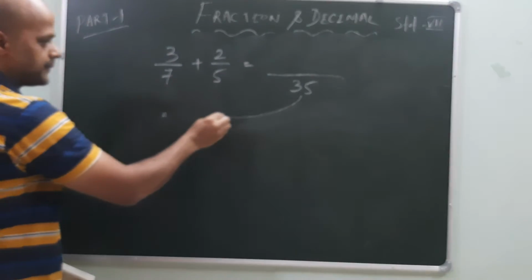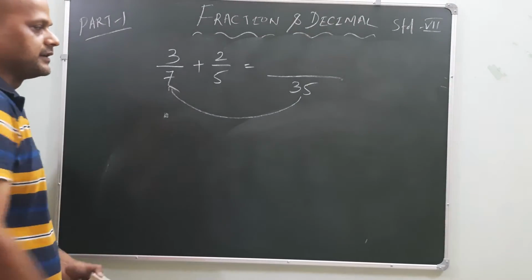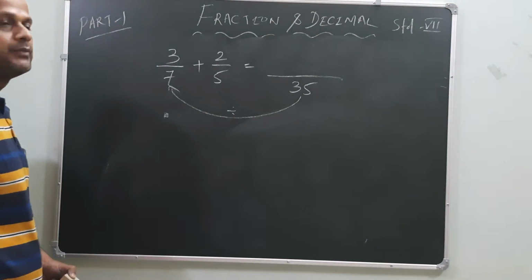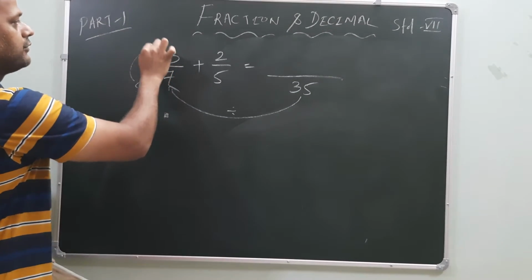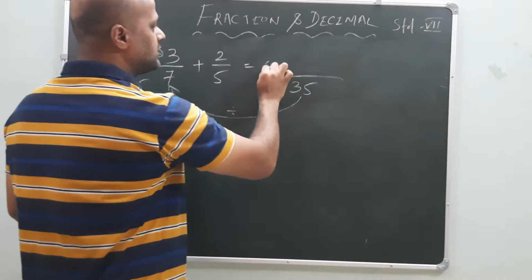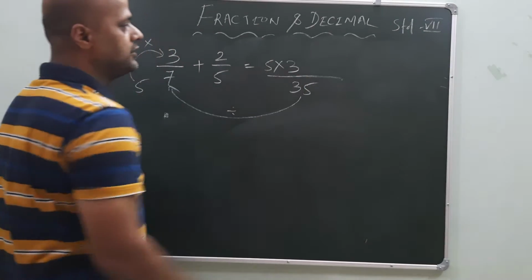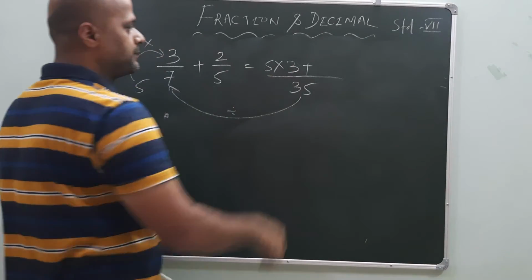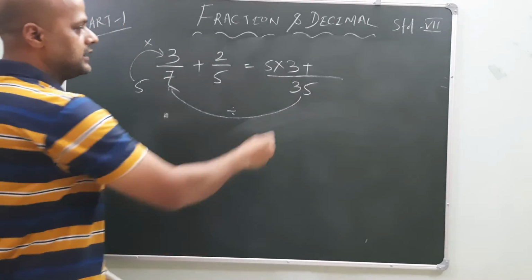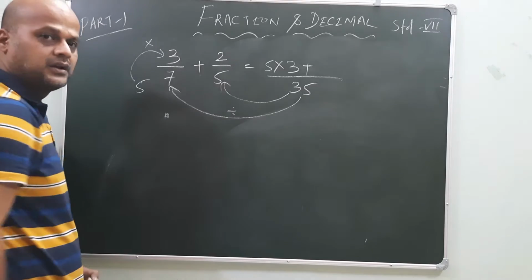Now same process. This LCM will be divided by 7. How much is coming? 5 is coming. Now this 5 is multiplied with 3, so you write 5 into 3 here. Understood? Then write plus here. Again 35 is divided by 5.